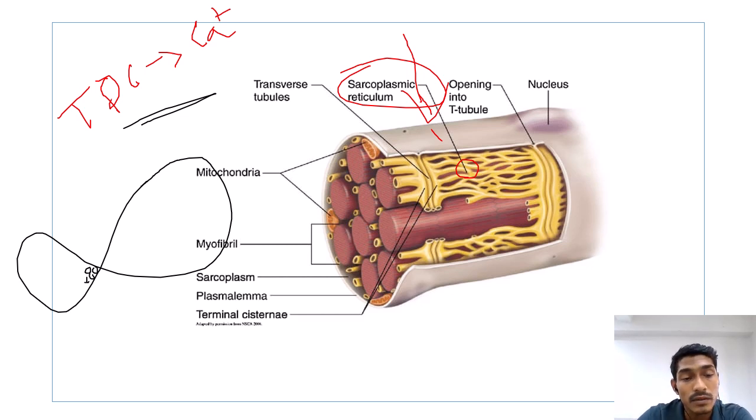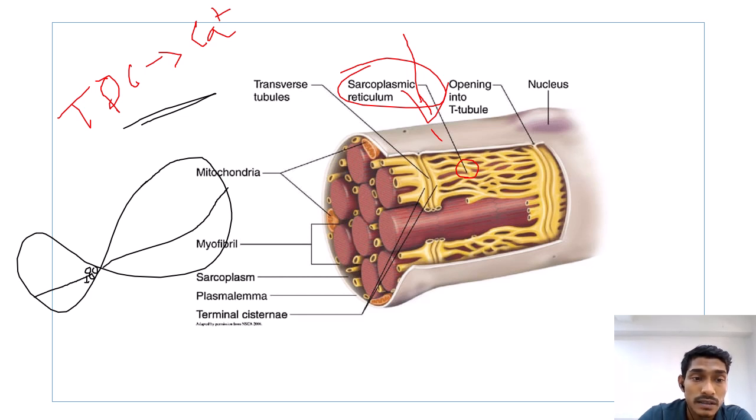What will happen for that? This will open the myosin binding site. There was the myosin binding site which was covered by the troponin protein, and now after the reaction between TPC and calcium, the myosin binding site is totally open, and it is ready for the myosin to attach.